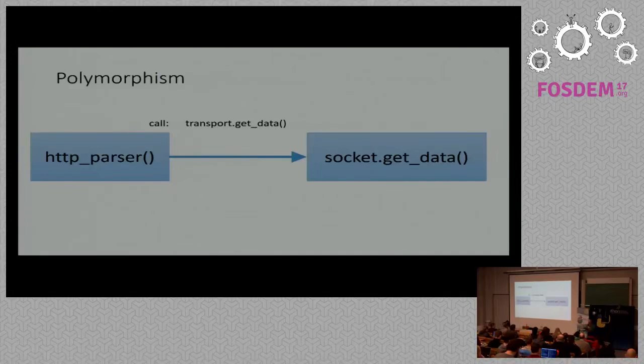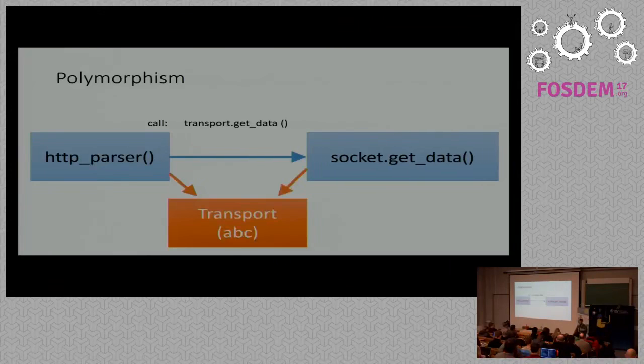So from the point of view of the HTTP parser, we program against an interface, not against a certain implementation. And the interface is actually the transport abstract base class. And now if you think about it, who is responsible for defining that interface? Is it the HTTP parser, or is it the implementation of our transport?